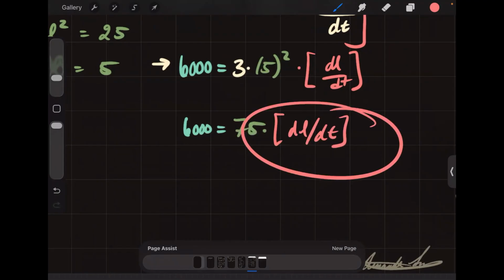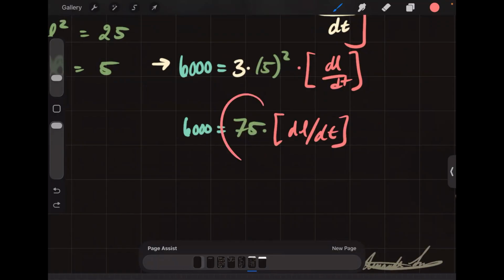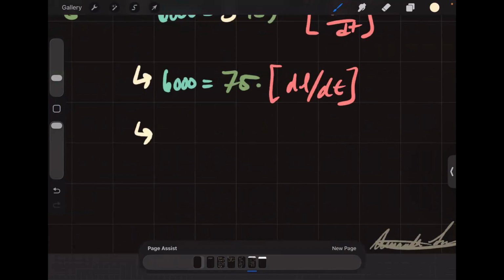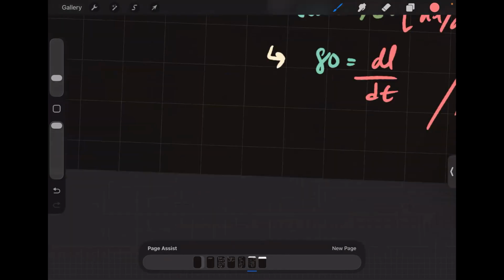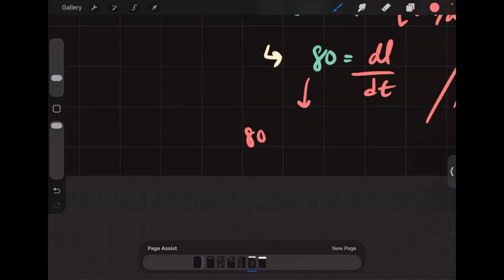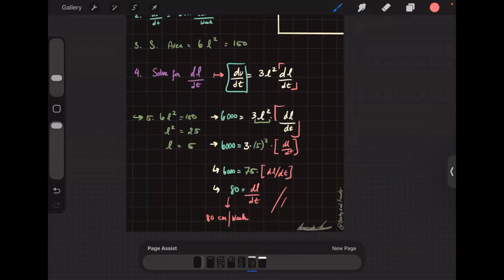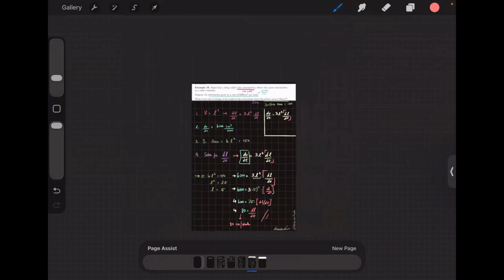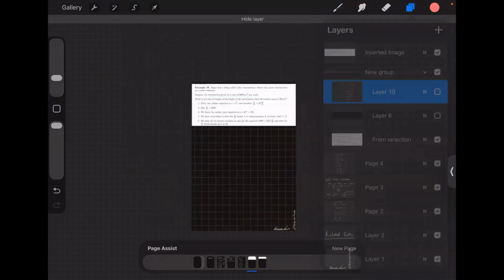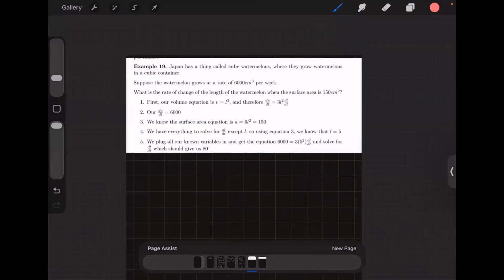Solve for dL/dt. You can divide by 75 on both sides, and that should give you 80. And that is equal to dL/dt. And that's it. In context, you want 80 centimeters per week. That's it, and my solution is written like that.